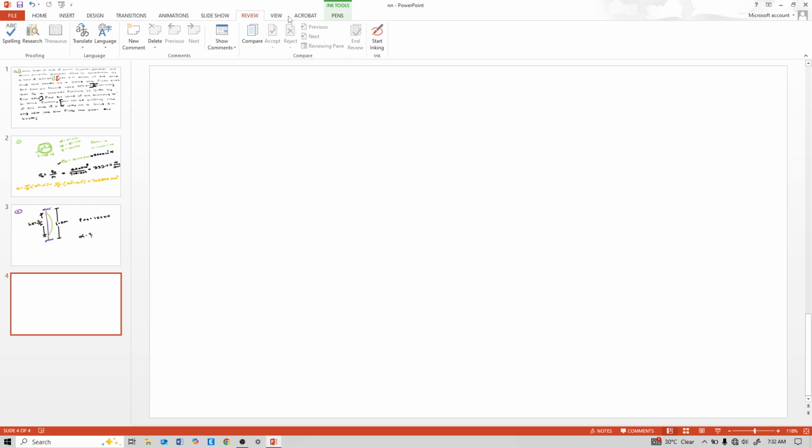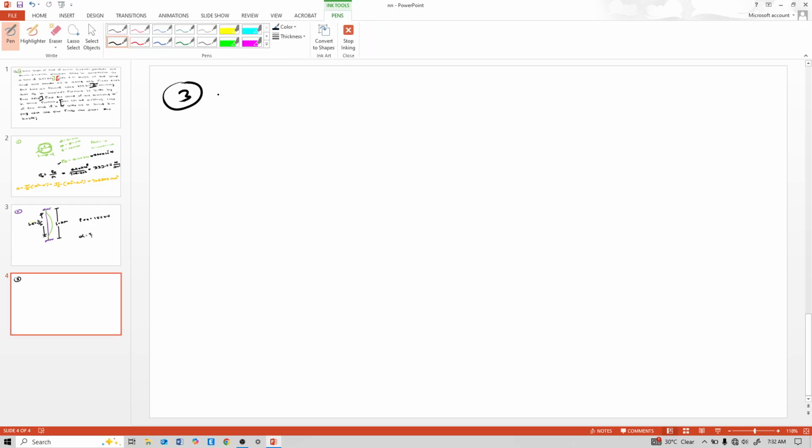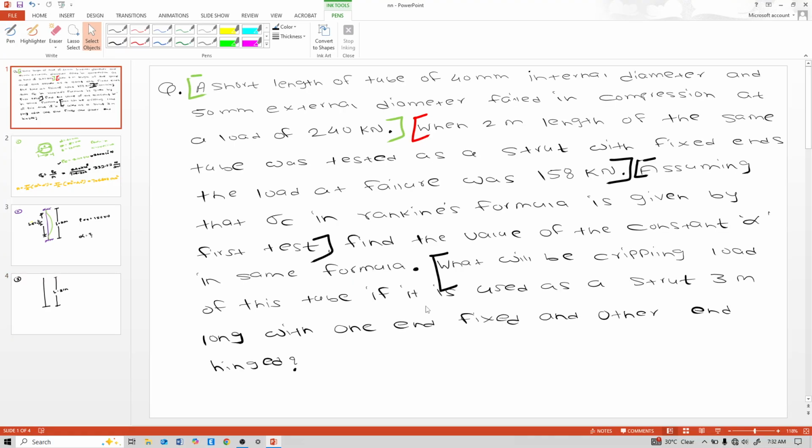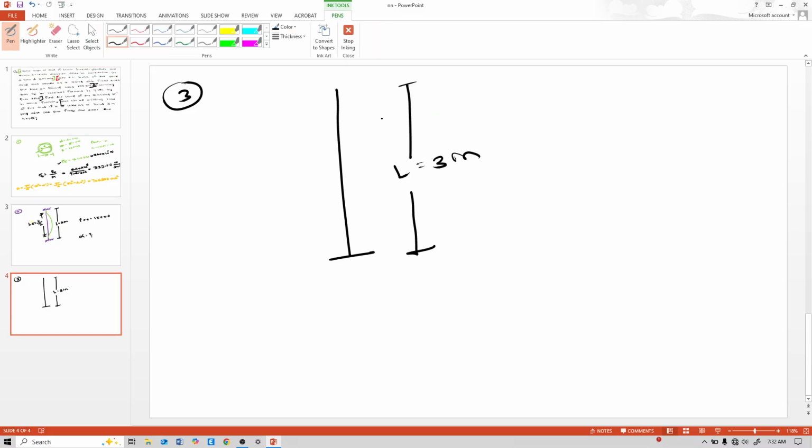So here on this third, this is 3 meter actual length, then what will be the crippling load of the strut if it is used as strut 3 meter with one end fixed and other end hinged? See here, boundary condition is different. One end fixed and other end hinged. And the problem is finding crippling load PCR.